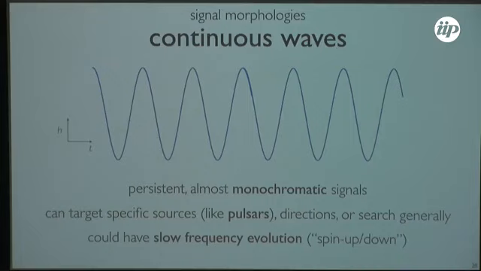One thing I didn't mention is that these signals are allowed and expected to slowly increase in frequency. They're not a perfect monotone. But if you imagine you have a rotating neutron star that's emitting gravitational waves very weakly, by the way, so these signals will intrinsically be weaker than those from compact binaries, for example, although they're on for a very long time.